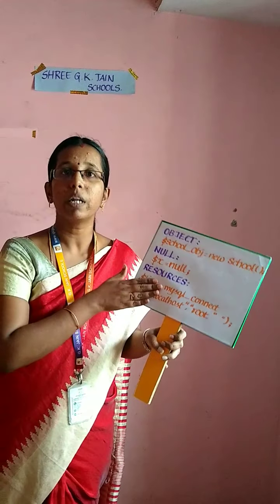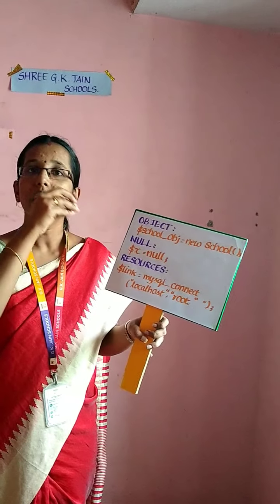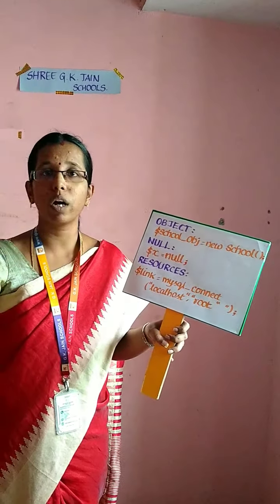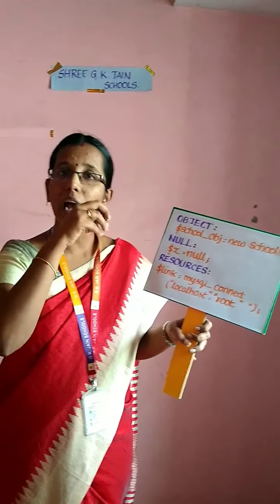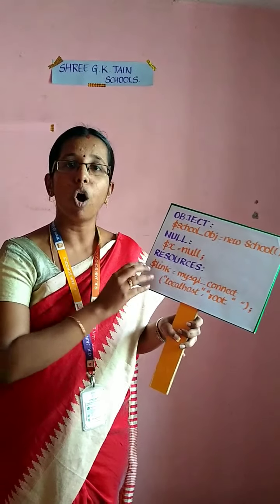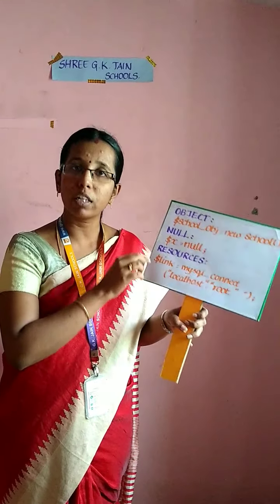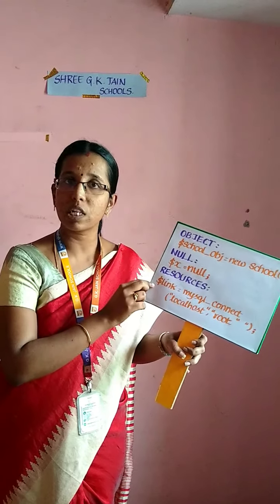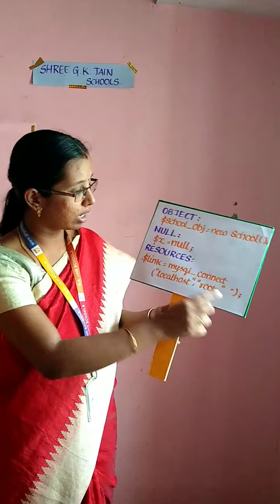Resources are nothing but a special variable that has connectivity to an external resource. For example, if you have to hold handlers to handle any files in your program, or you have to give any database connections in your PHP program, for that you have to use this resource data type, and this is the syntax for using link.